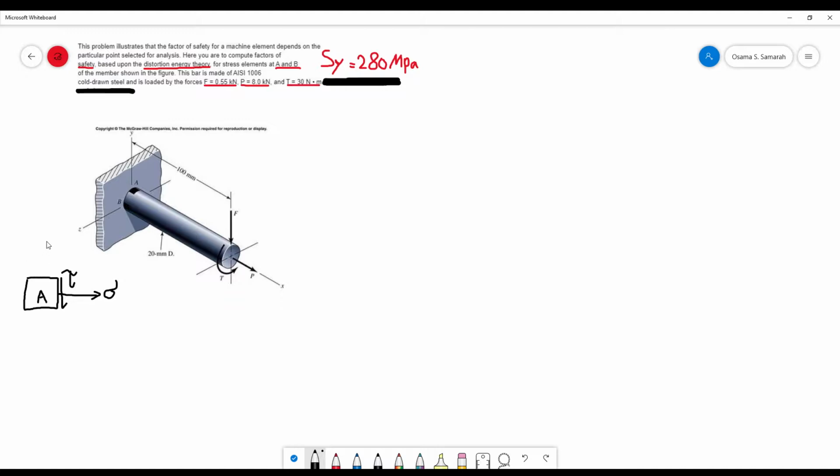Let's set up the coordinate system: this is X, the horizontal direction, and Z. For stress element B, same thing: you're going to have sigma and a tau. So let's analyze element A first.